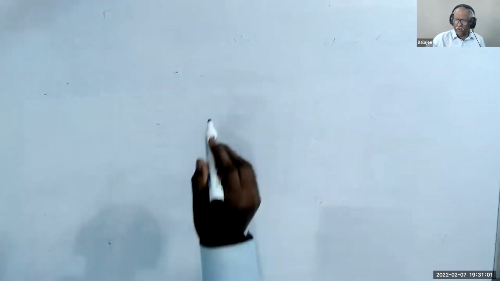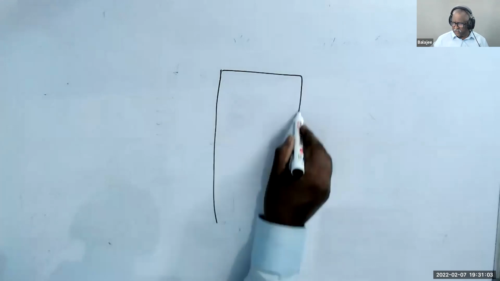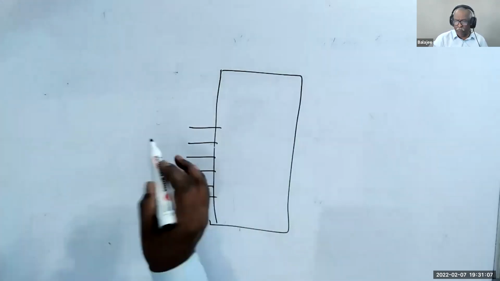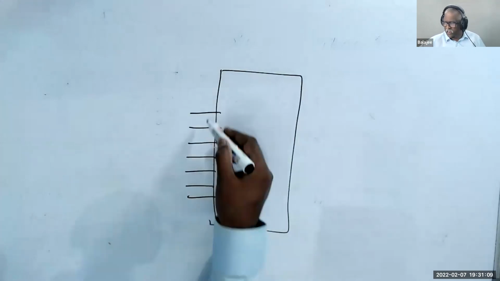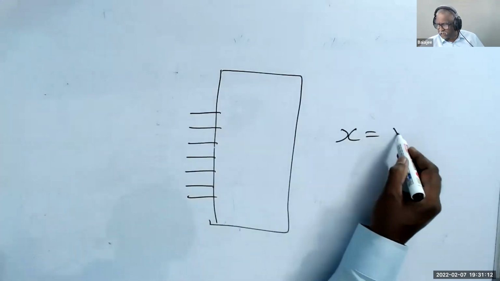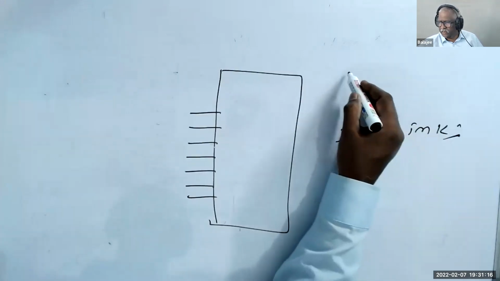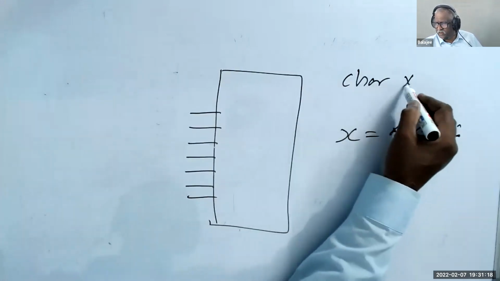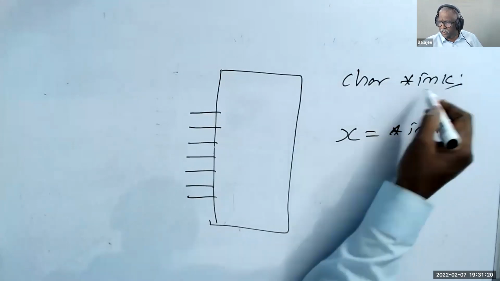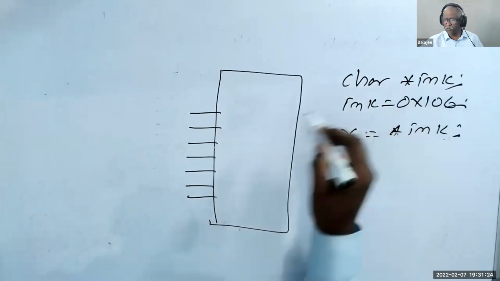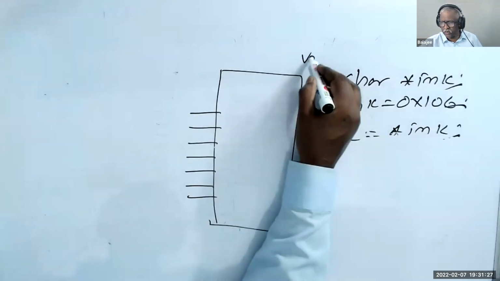In a port, there are 8 pins. You cannot read one pin. There are 8; you have to read all these 8 pins. If you put x = *K, and if you put char *K = 0x106. Of course, I use volatile also here.